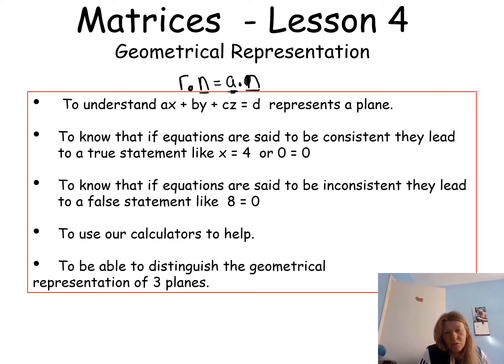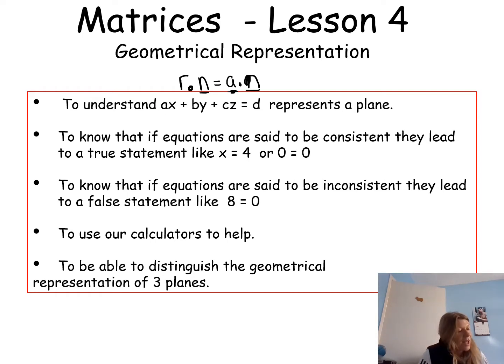We've got to know that if equations are said to be consistent, they lead to true statements, such as x is 4, or 0 equals 0, or 2 equals 2. We've got to know that if equations come out giving us nonsense, like 8 is 0, then they are called inconsistent. And that's a false statement. Hopefully you know that.